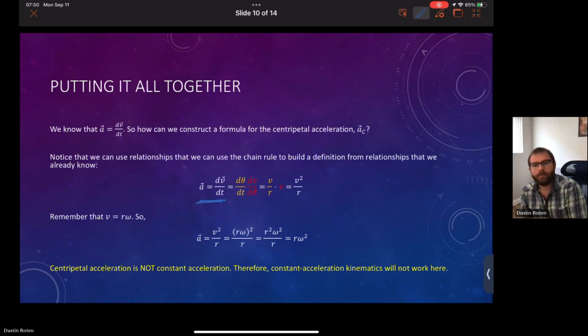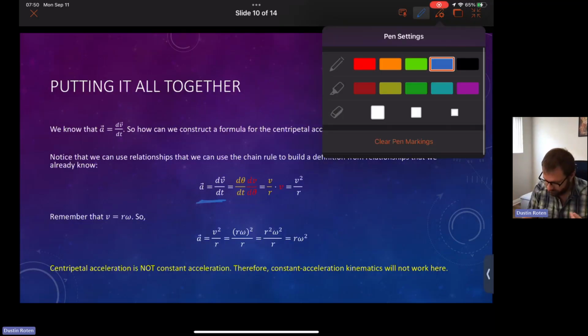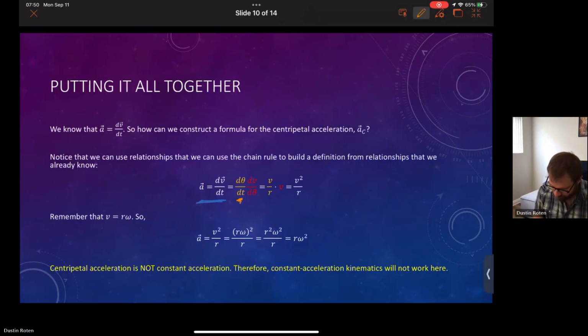Now, we don't know what dv dt looks like for a centripetal acceleration. We do know, however, d theta dt, we know what that looks like. So now the question is, could we use the chain rule to build a better definition? Look at what happens here.